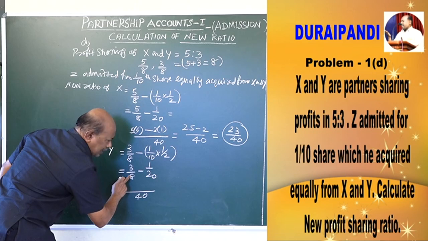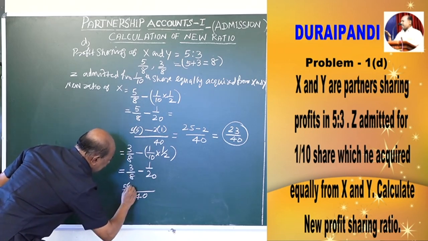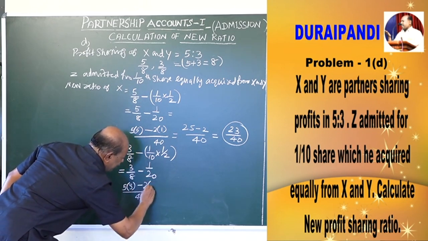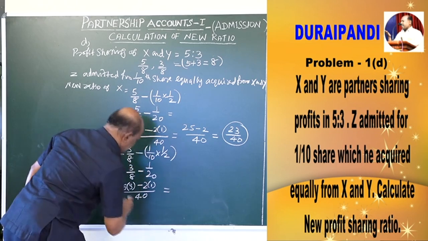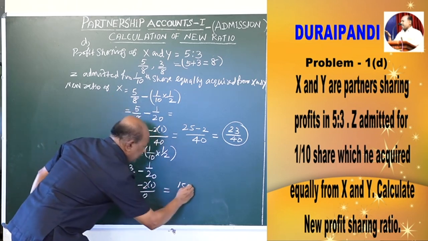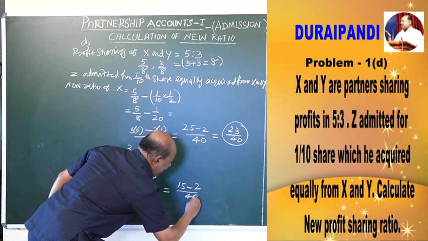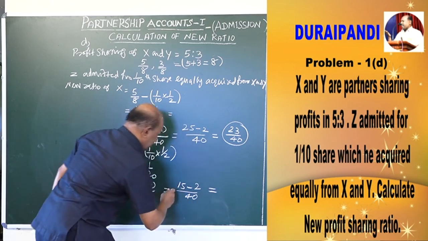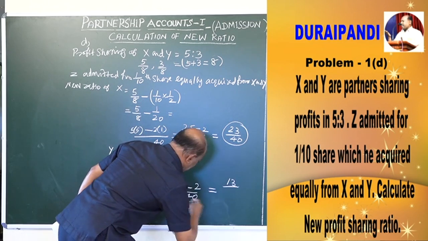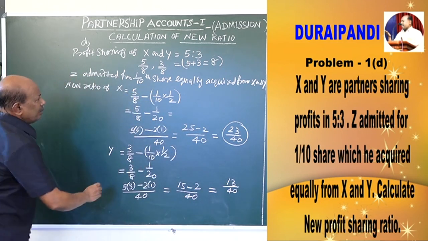Here in the 40, it contains 5 times, 5 into 3 minus, it contains 2 times, 2 into 1. That is 5 3s are 15 minus 2 divided by 40, it is equal to 13 divided by 40.